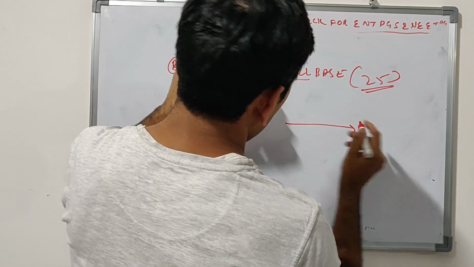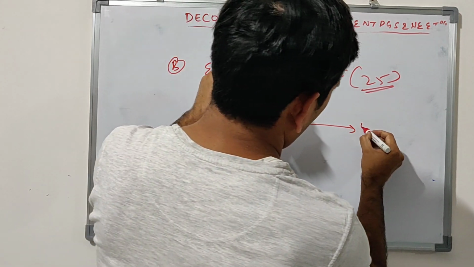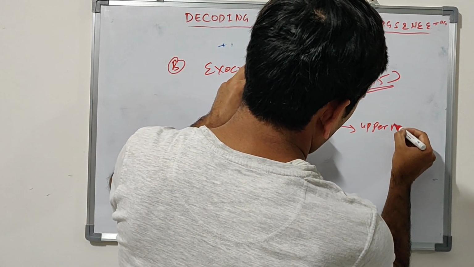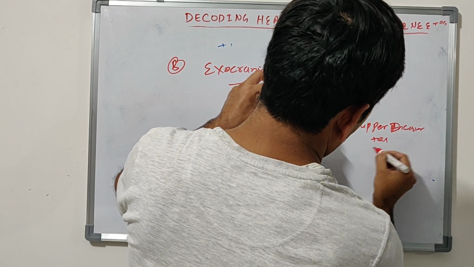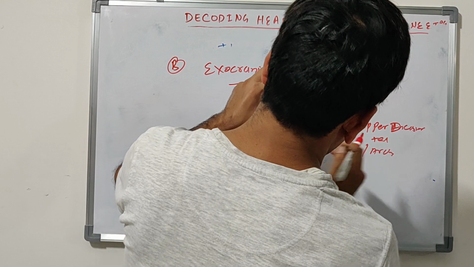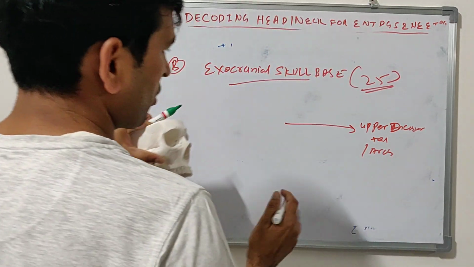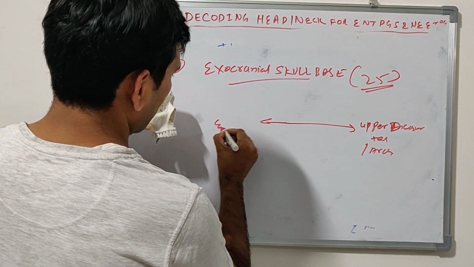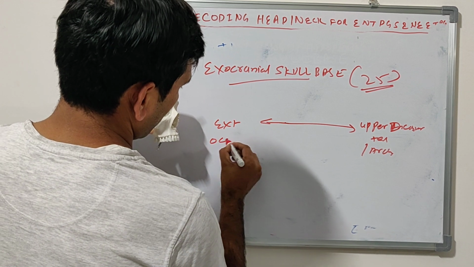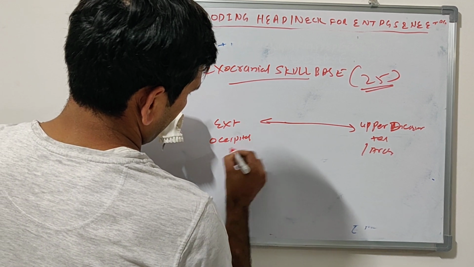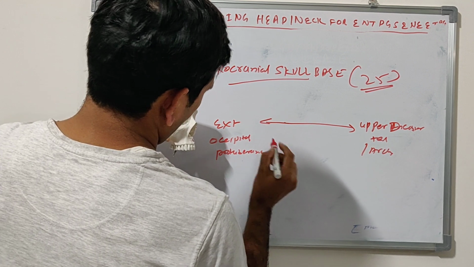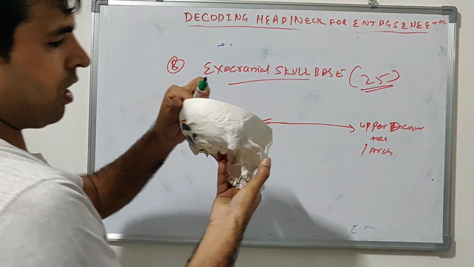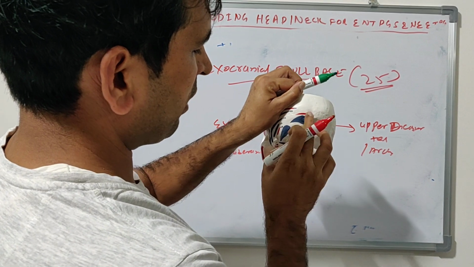Anteriorly, you see the upper incisor teeth and alveolar arch, posteriorly up to the external occipital protuberance, up to the superior nuchal line.